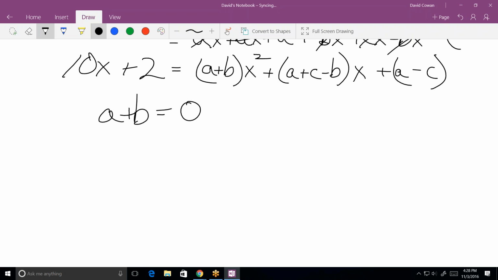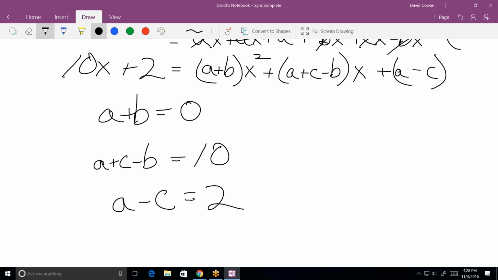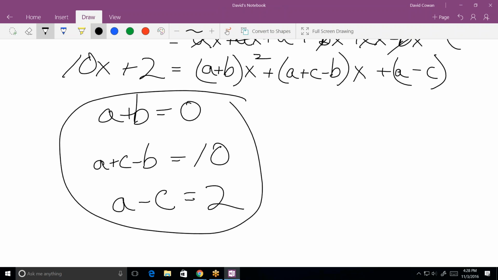What's the next one that we can write? A plus c minus b is equal to 10. And then a minus c is equal to 2. Now, that's 3 equations and 3 unknowns, so I know I'm going to be able to solve it.